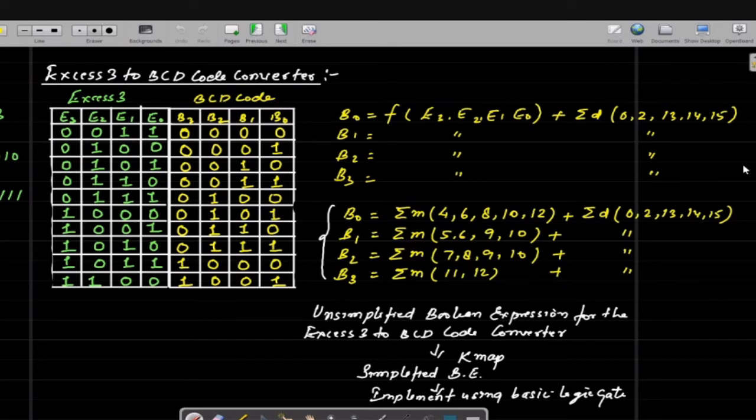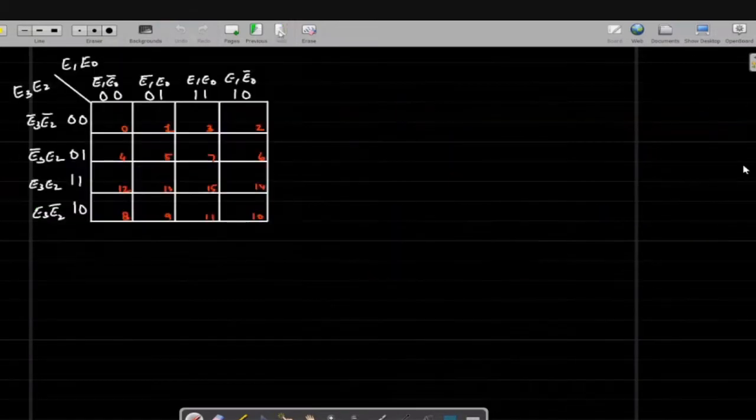One important thing which we also have to take into consideration is that this time the don't care conditions are here: 0 to 2 are the don't care conditions. Similarly, 13 to 15 are don't care conditions. So let's mark those don't care conditions inside this map: 0, 1 and 2, 13, 14 and 15.